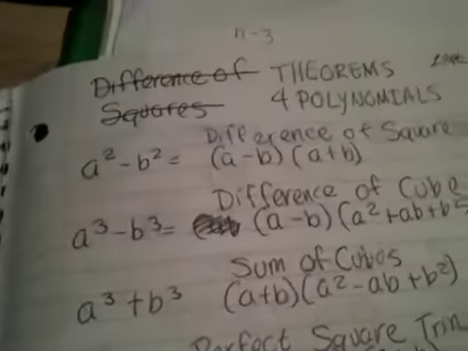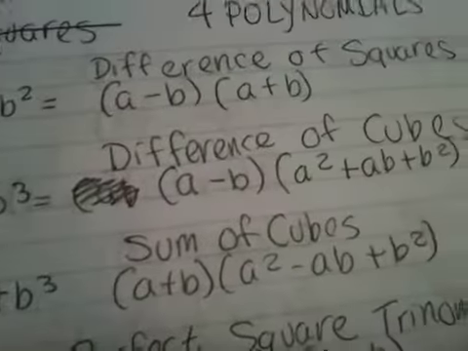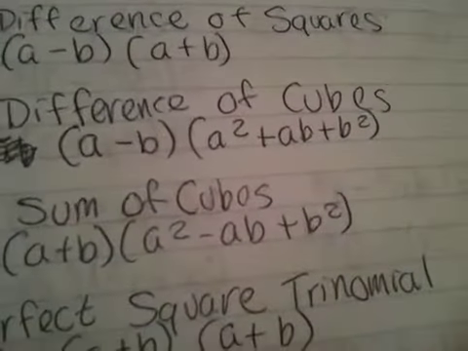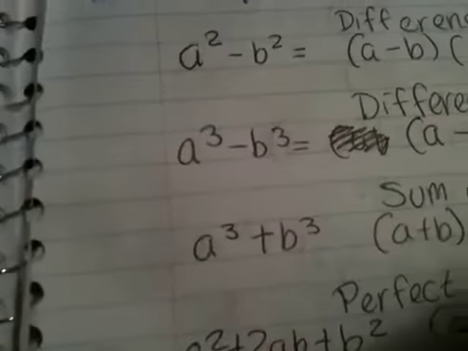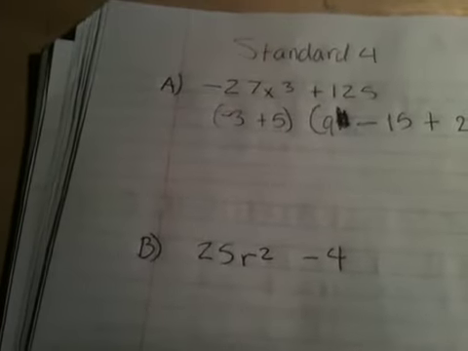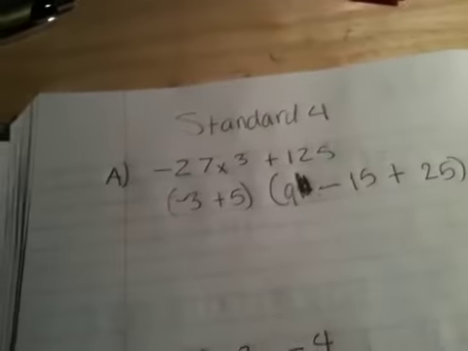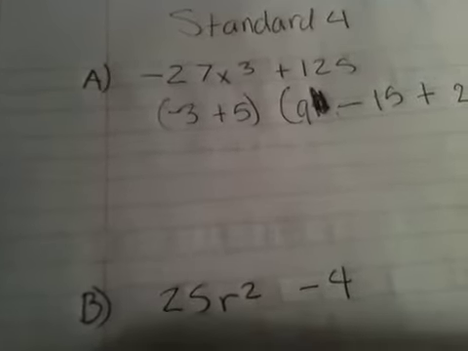Now from the sum of cubes, we get a plus b times a squared minus ab plus b squared. a cubed plus b cubed is the equation that we have here. So if we cube 3, we get 3 times 3, which is 9, and 9 times 3 is 27, right?